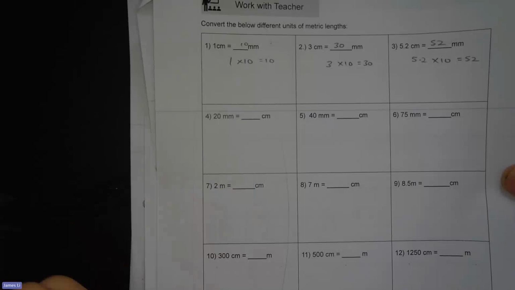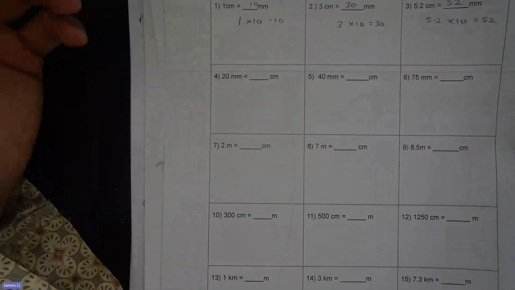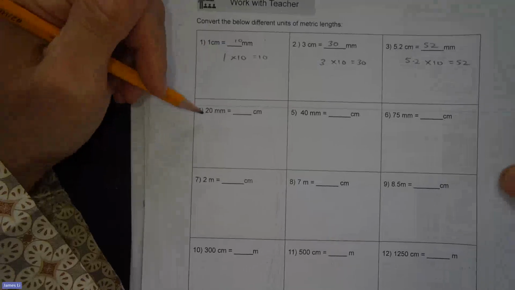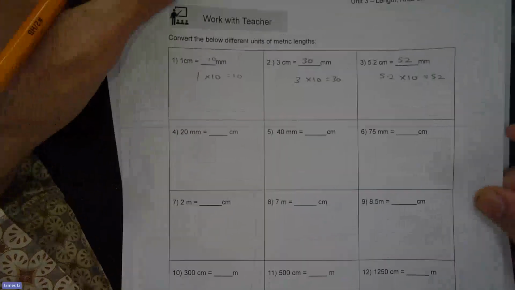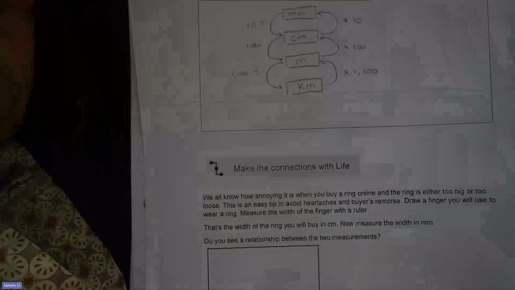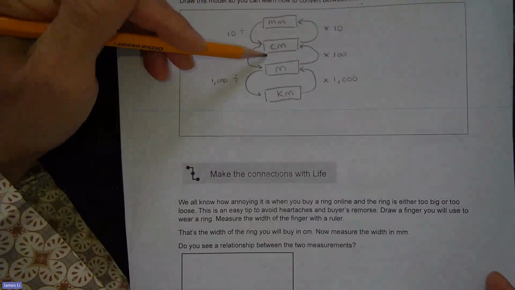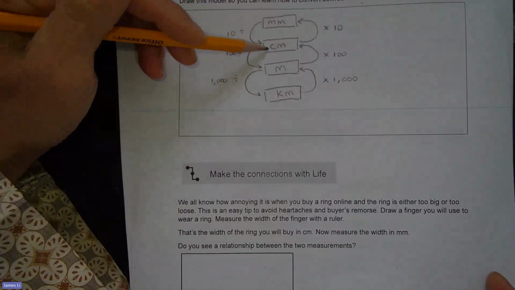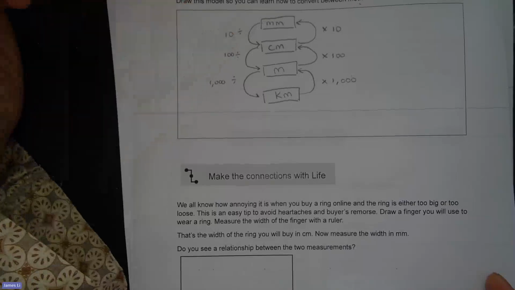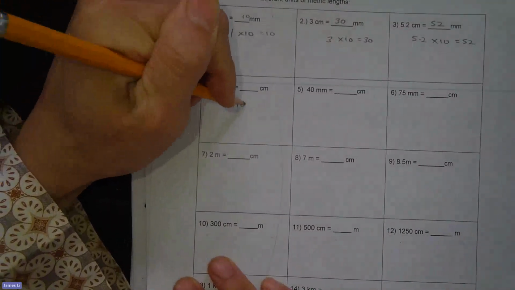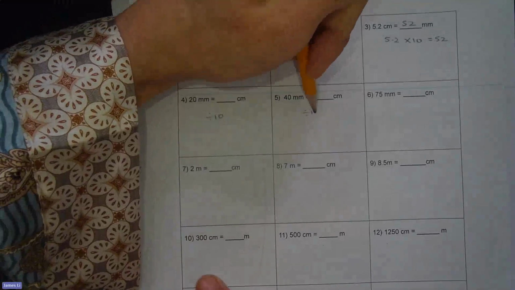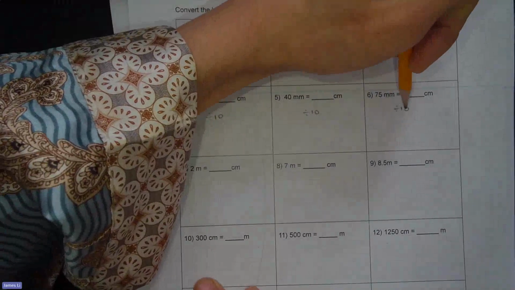So I'll just do a few more so you can understand roughly how to do this section, and then I'll move on to the problem sums. 20 mm to cm. Well, mm to cm, can you remember what we are going to do with that? mm to cm, that's the arrow, right? And it's indicated here, divide by 10. So I'm going to write divide by 10, divide by 10, divide by 10.